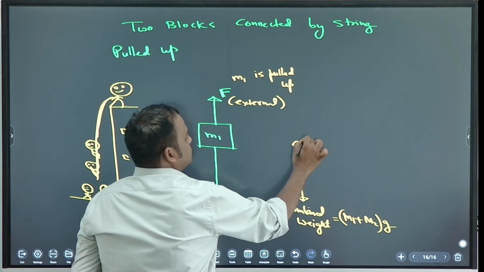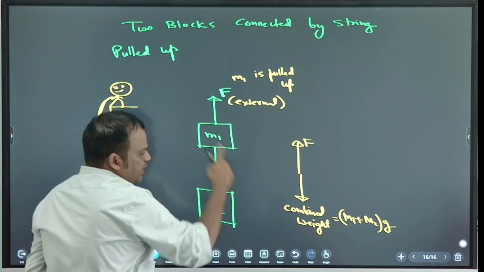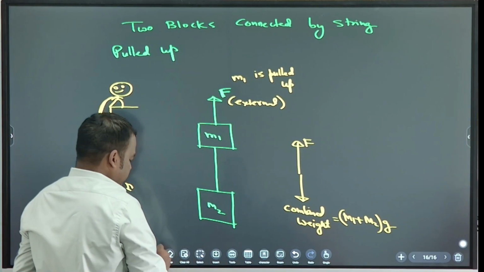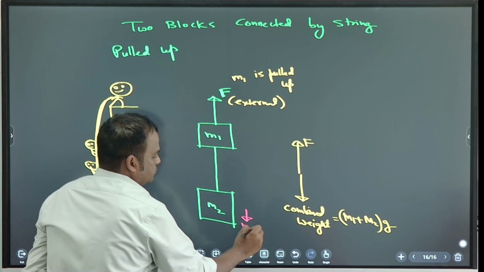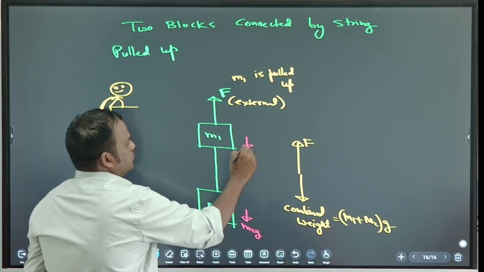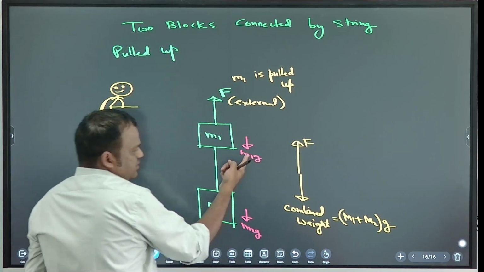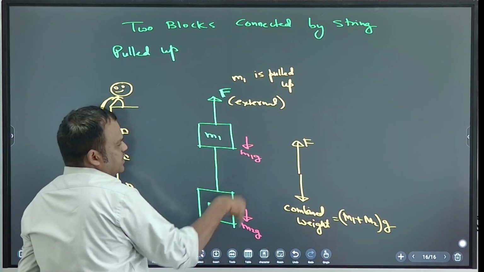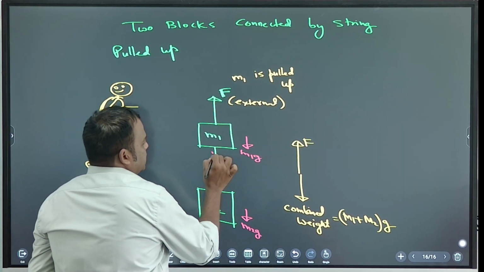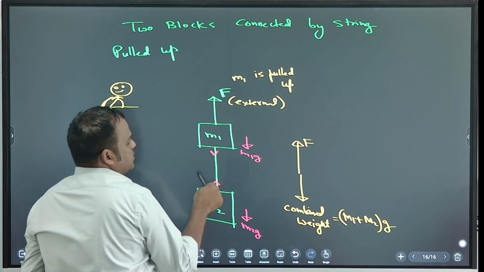F. So this is external. Combined weight is also external. Who is exerting this force? Earth. Gravity. So that is external, but tension force is internal. Tensions are internal.